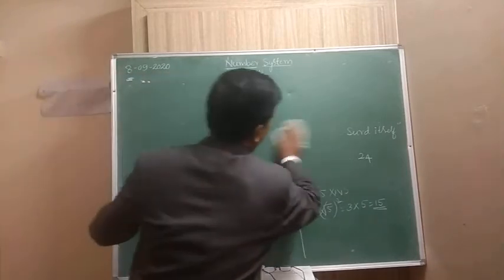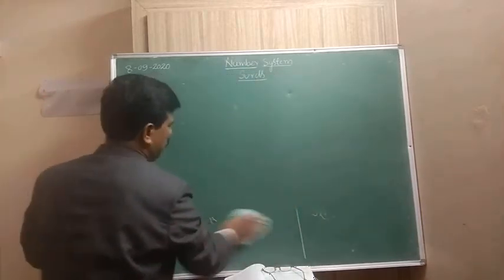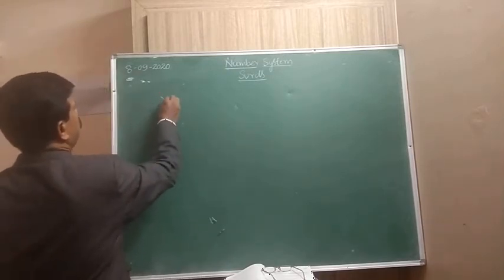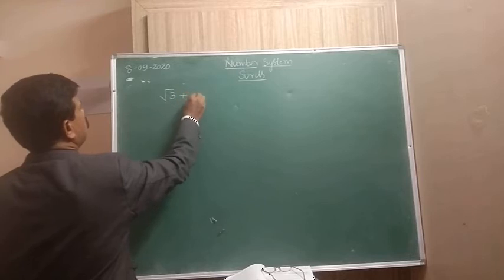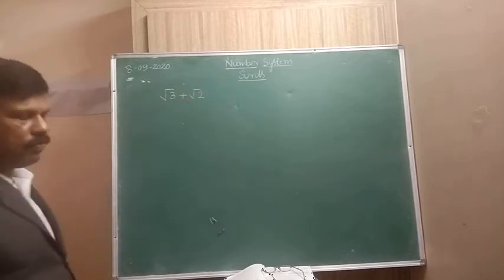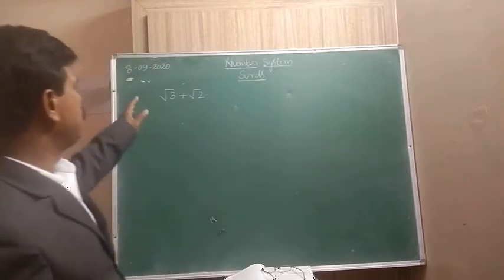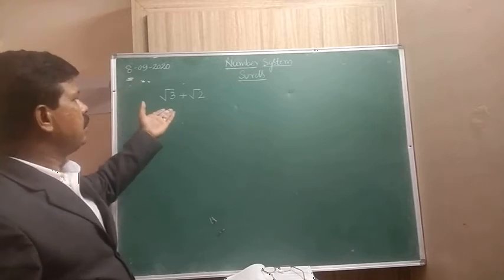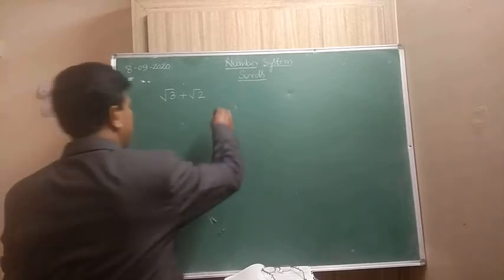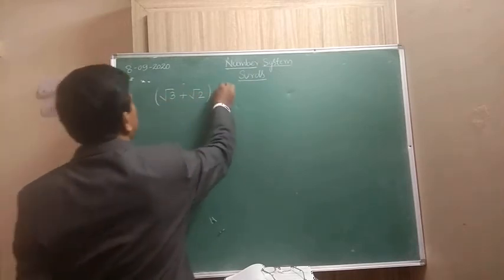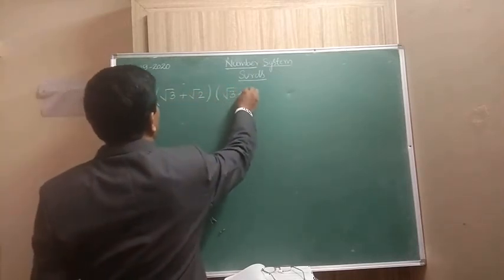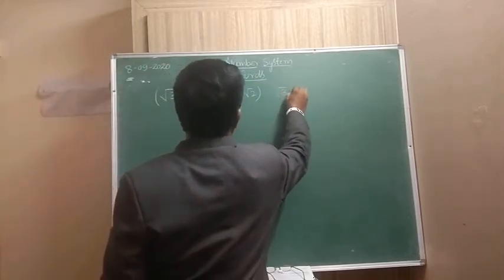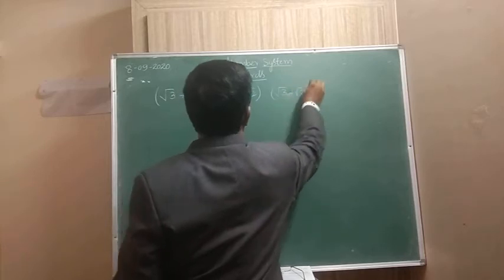Now after this, let us take the rationalizing factor of a binomial. How to take the RF of a binomial? For this, let us take an example: root 3 plus root 2. What is the RF of this? You can't take this as minus root 3 minus root 2. If you take it like that also, you won't get a rational number. For example, if I multiply this with the same root 3 plus root 2, then it becomes root 3 plus root 2 whole square.